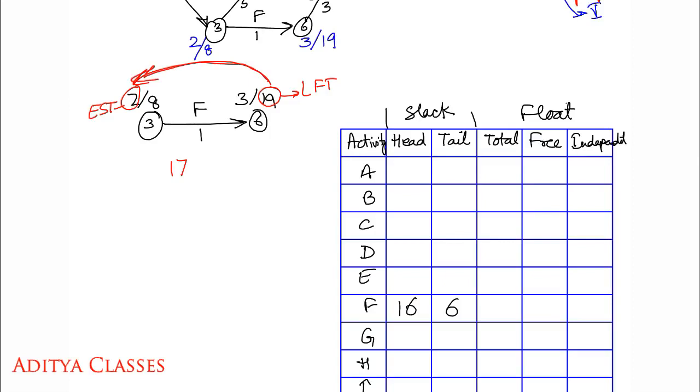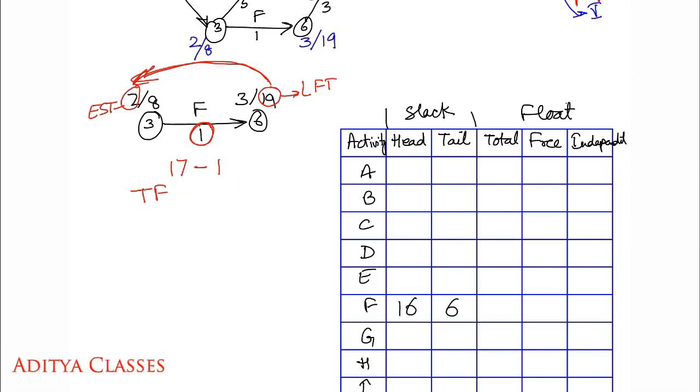Total float is nothing but differences in extremes. 19 minus 2 minus the duration. Can we have a formula for total float? Total float is equal to latest finish time minus earliest start time minus duration. This is our formula for total float.